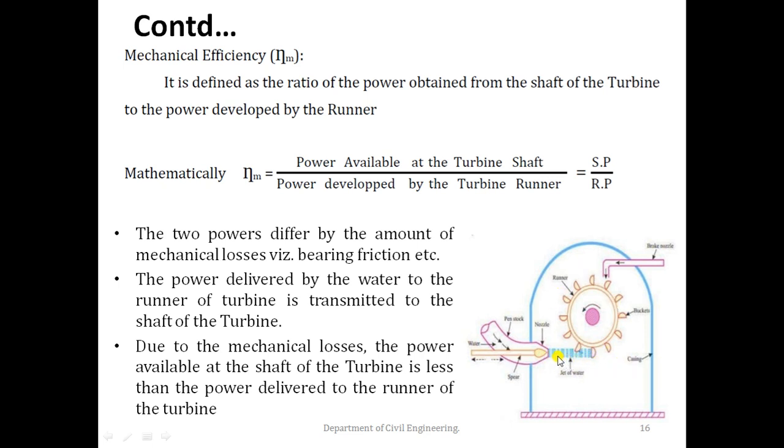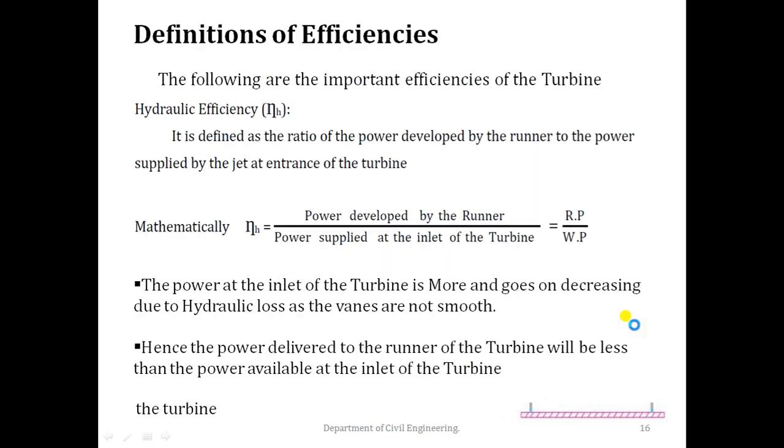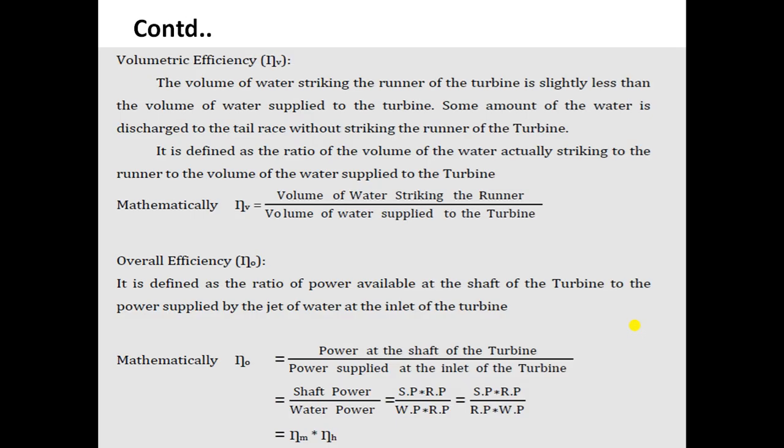That is, say a certain percentage, which will vary from 1 to 3%, some quantity of water, it directly joins the tail race without hitting the runner of the turbine. So the ratio of volume of water which is actually striking to the runner to the volume of water supplied to the turbine is called as volumetric efficiency.